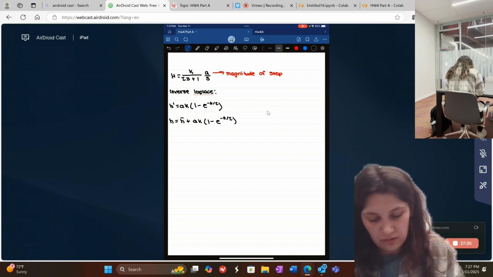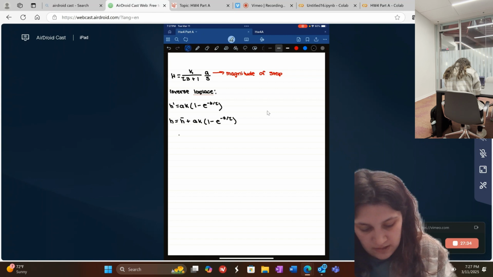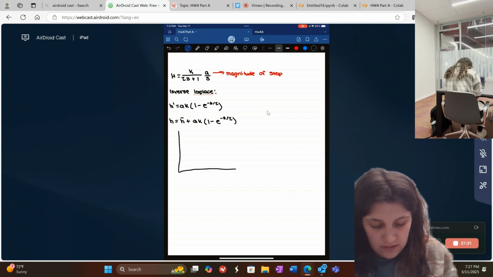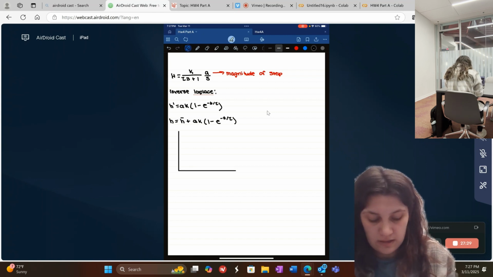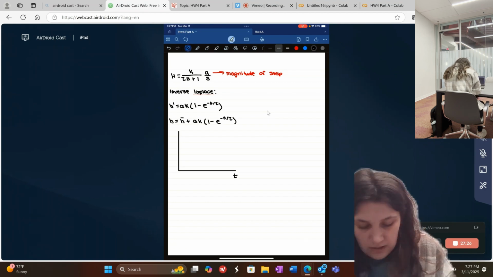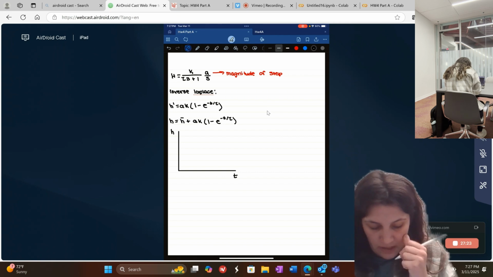Now, graphically, here's our axes. Our x is going to be t, and our y is going to be h.